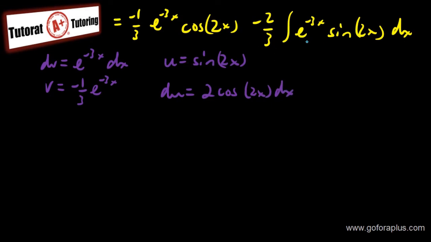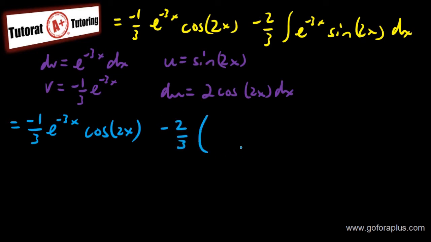Replacing this into this integral, so rewriting the whole thing here, I have something like this. So minus 2/3, right? So this is going to be open bracket, replacing this integral with uv minus integral of v du. Right?